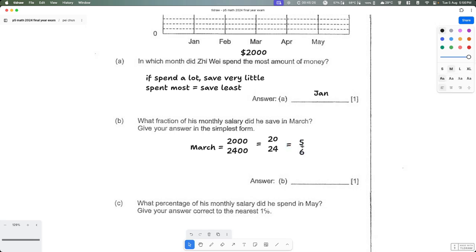I draw a line, then draw a line, and then draw a line. This one divide by 4, same goes to here. We can cancel these two zeros as well as over here. So the answer to this is 5 out of 6. Pretty straightforward. Let's move on.